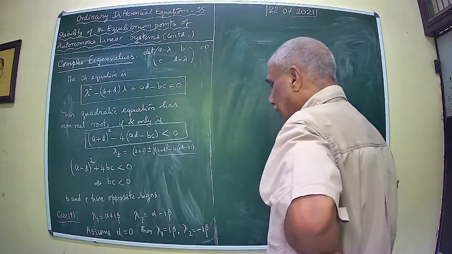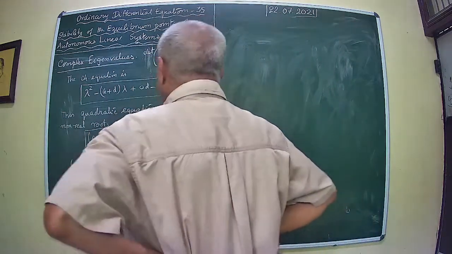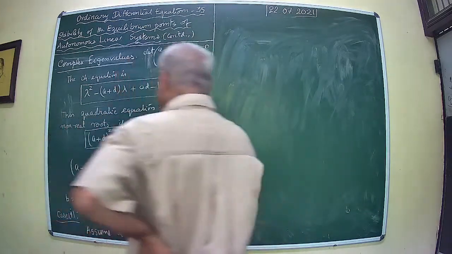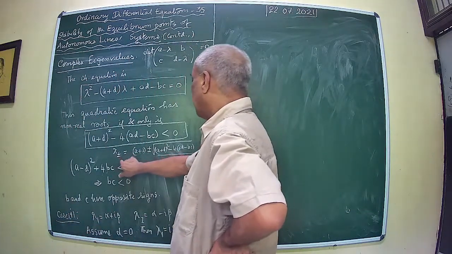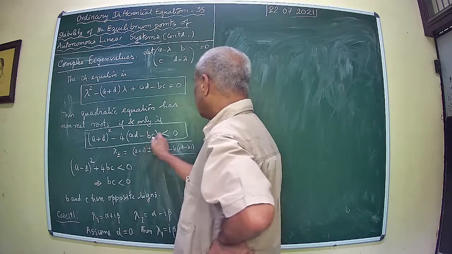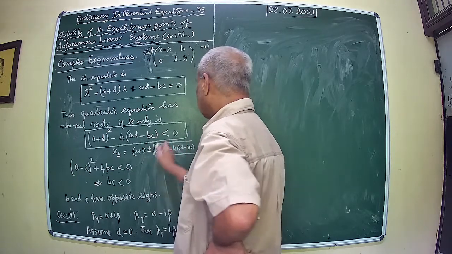So when do you get alpha equal to 0? As I said, lambda is this plus or minus this one. We are assuming this condition, therefore this is negative.